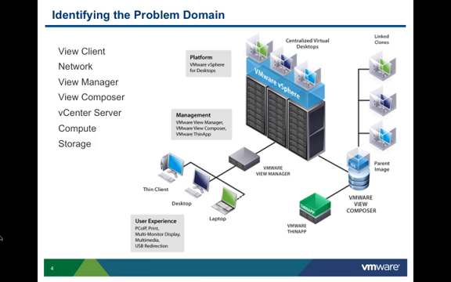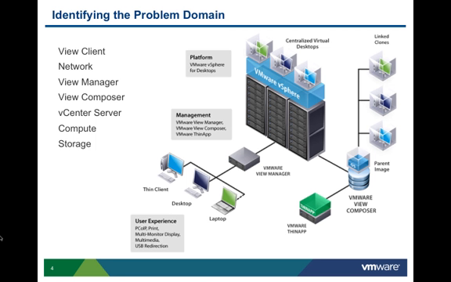So now that we understand the architecture of VMware View and the basic functions of the different View components, it's much easier for us to understand where a problem may exist and which problem domain we need to focus on. For example, if the user is having issues connecting to a VMware View Manager, we probably want to look at the configuration of the View client, the network that connects the View connection server, and of course the View connection server itself.